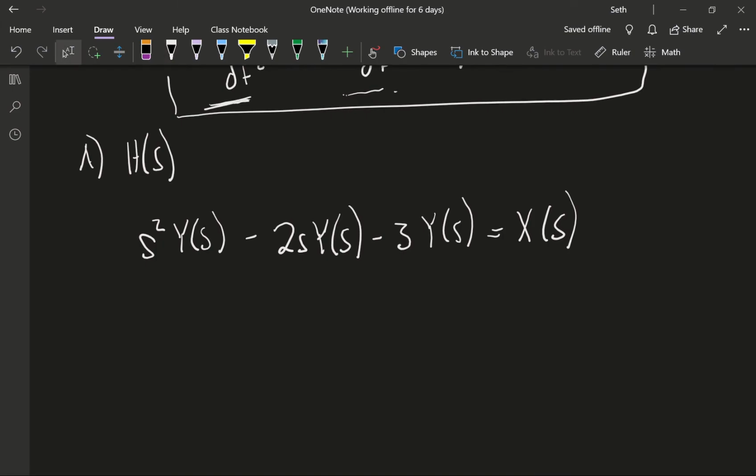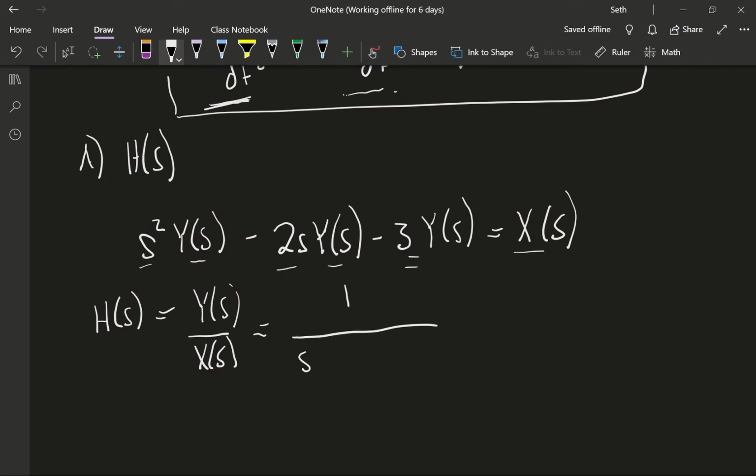The transfer function H(s) is Y(s) divided by X(s). So we're factoring out the Y(s) from each term and then dividing through by X(s) and by these, and we get 1 over s squared minus 2s minus 3.